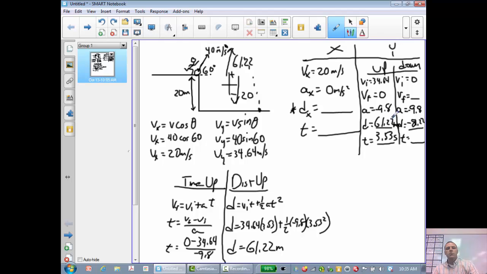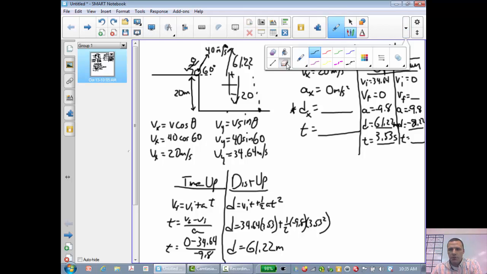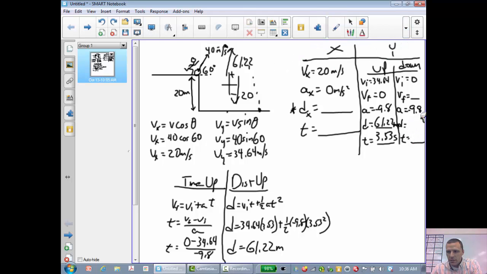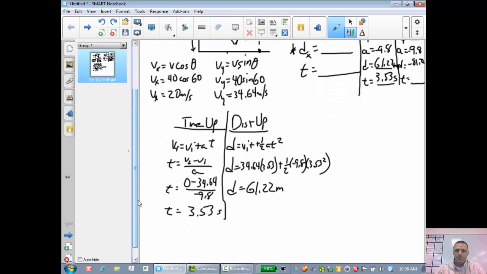If you go from highest point to lowest point, that is in the negative direction. The displacement should be a negative 81, and that's how we have to write that. Let me clear that up because I wrote it a little messy here. Let me rewrite it. Negative 81.22. Now we can find the time down.